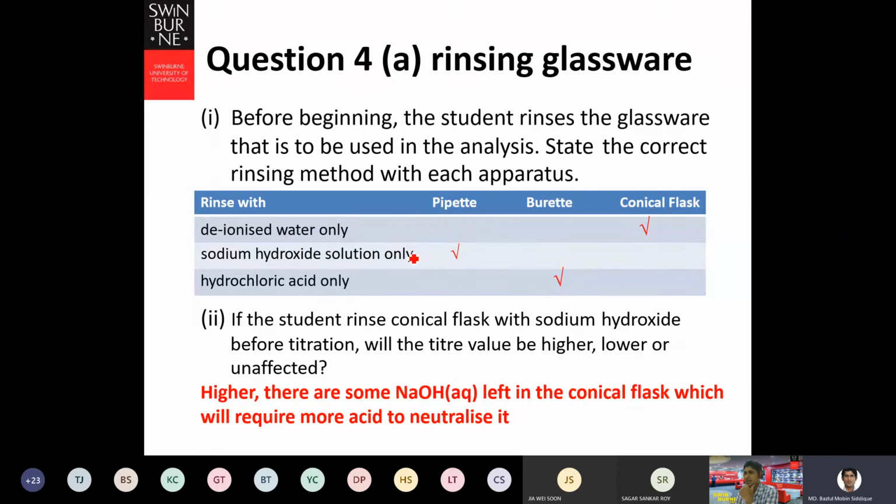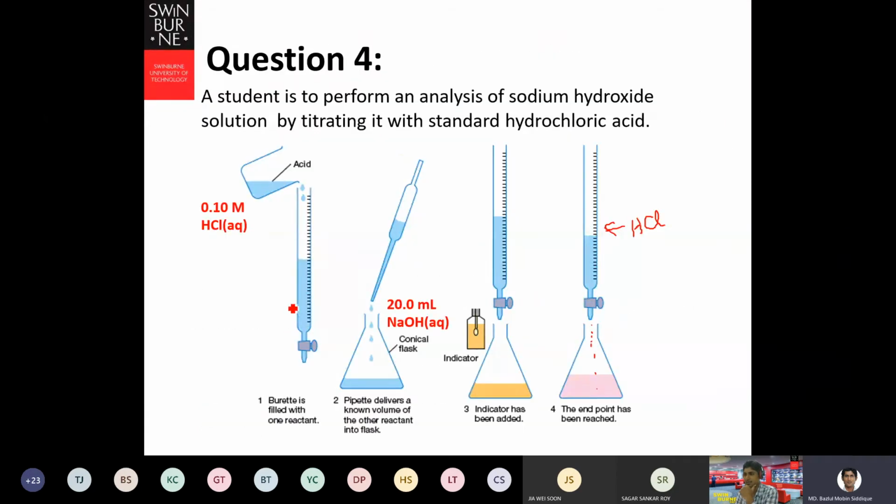And the conical flask that I will have the sodium hydroxide in, later on taken from that pipette, I should be washing it thoroughly, because if there are any ions inside, they will react.